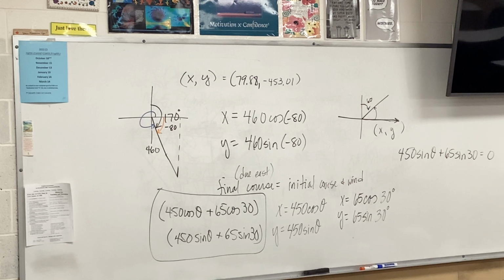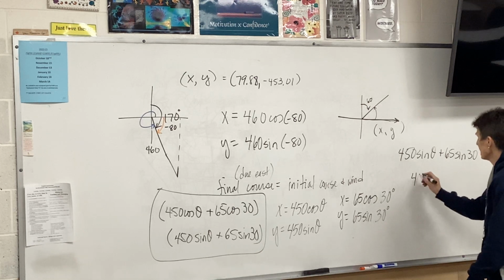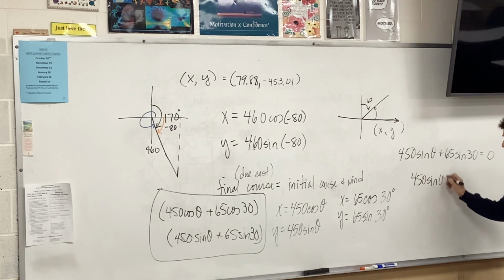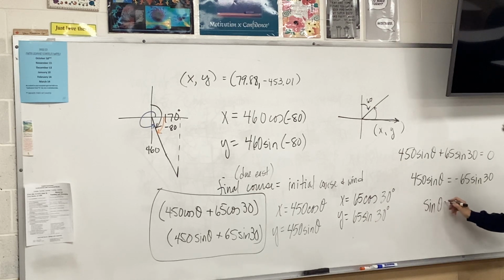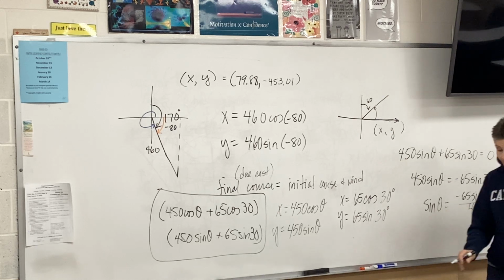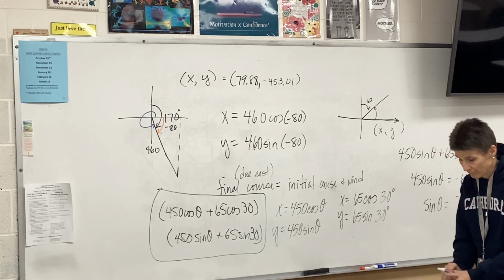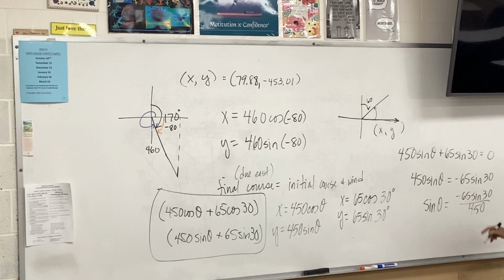So here we go. 450 sine theta equals negative 65 sine 30. So sine theta equals negative 65 sine 30 over 450. Now, because that's sine theta, what am I going to have to do to get theta? Well, I'm going to have to do inverse sine.